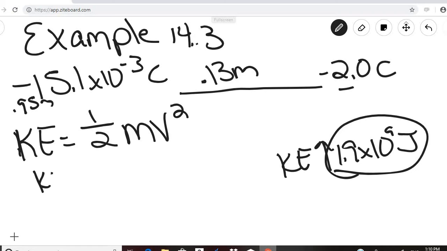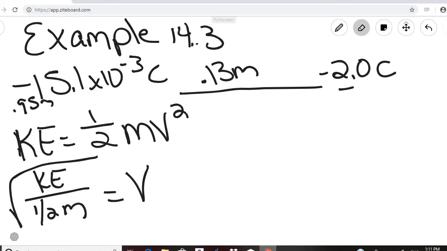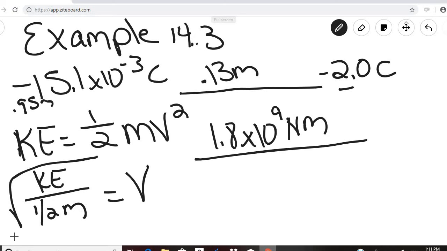Kinetic energy divided by 1/2 the mass, and if we take the square root of that, that is going to equal V. So we calculated the kinetic energy as 1.8 times 10 to the 9th joules, divided by 1/2 and divided by the mass, which we were given as 2.34 kilograms.